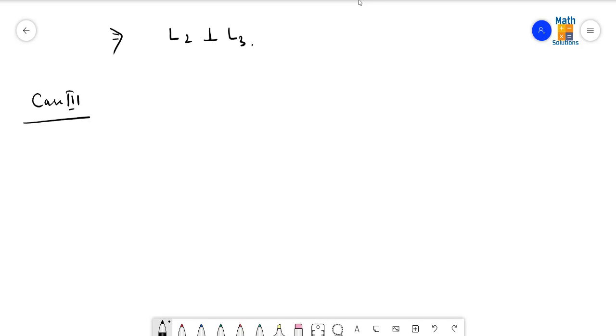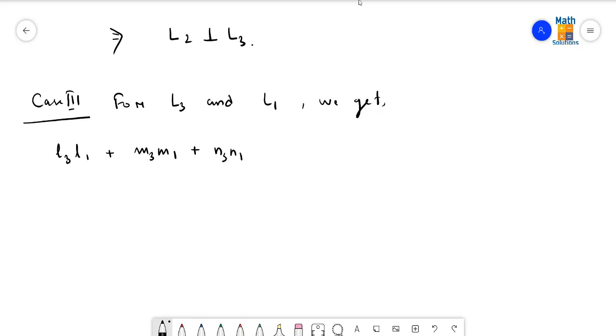Here in this case we shall consider line L3 and line L1. We get l3 l1 plus m3 m1 plus n3 n1. Let us put the respective values: 3 by 13 into 12 by 13, plus we shall be getting minus 4 by 13 into minus 3 by 13.